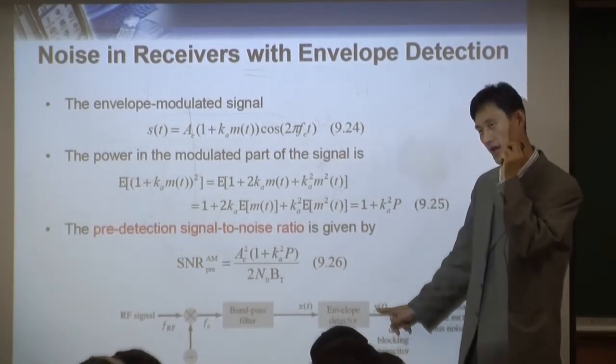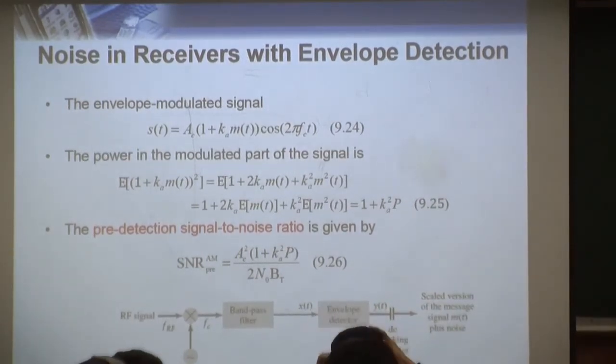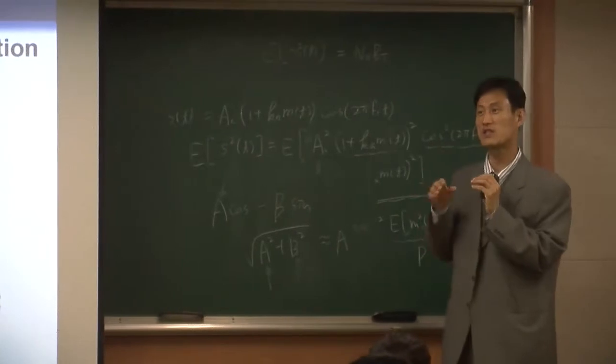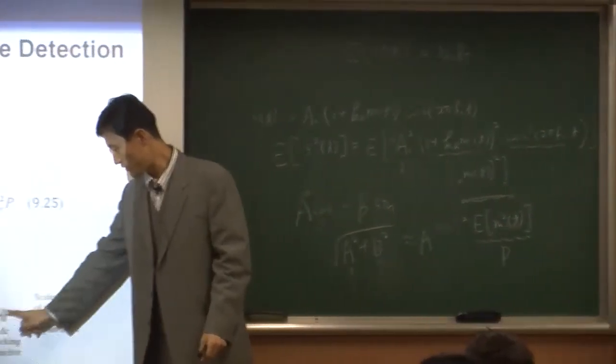And what is the next step? In the envelope detector, we detect the envelope. The next thing to do is remove the DC. Earlier, we added the DC, so at the receiver we eventually need to remove it.